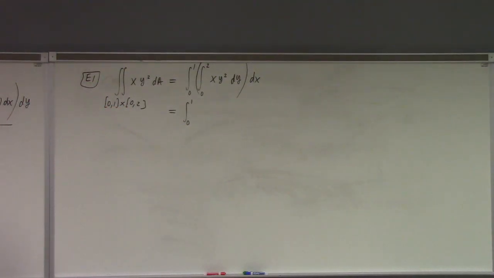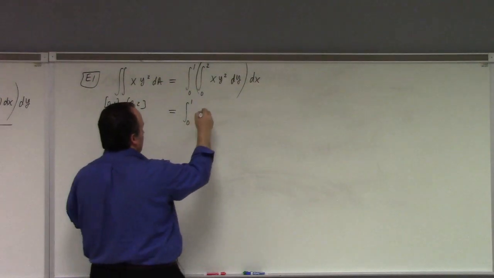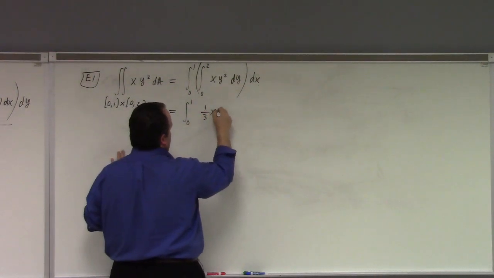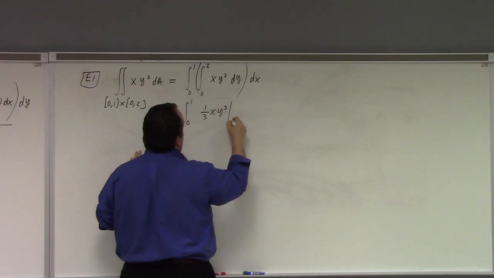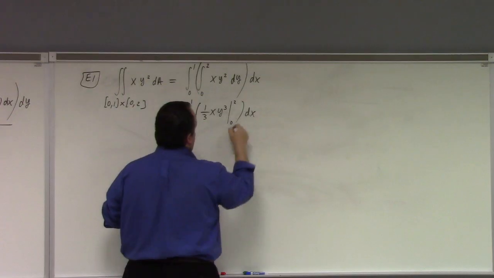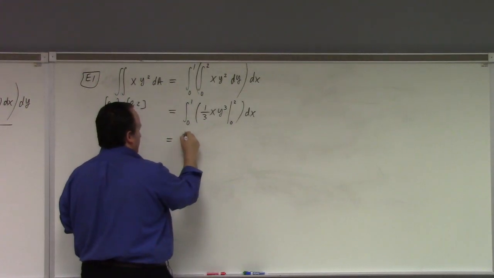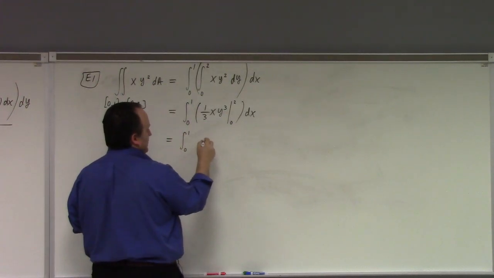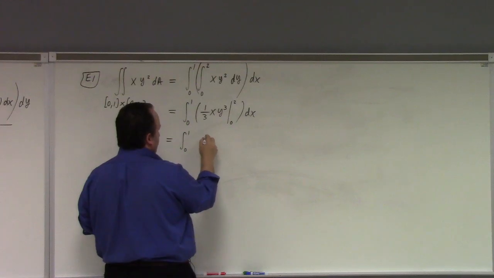We're integrating with respect to y, holding x fixed, is what's going on. So what's the integral of xy squared? 1/3 xy cubed, right? We have to evaluate that thing from 0 to 2, and then we integrate that, whatever that is. All right, so what happens here? We got the integral from 0 to 1 of, I think, just 8/3 x, right?